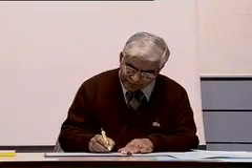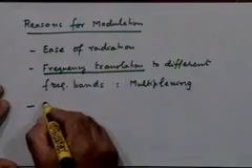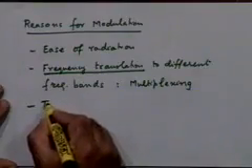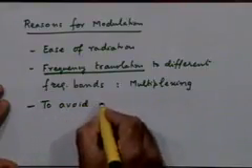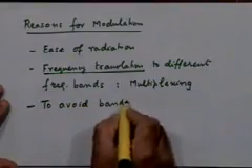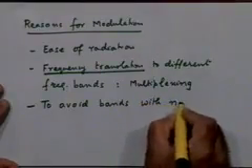So this is called multiplexing, multiple signals on the same physical medium at the same time. And actually another point that I wanted to make was to avoid bands with noise and interference.